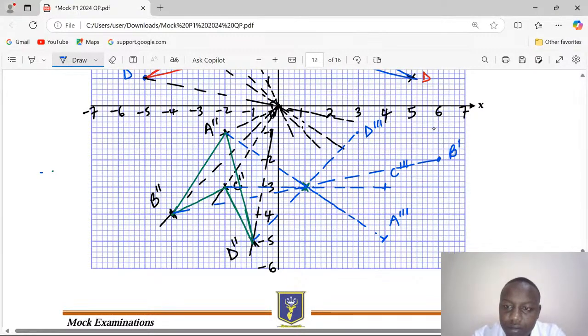Yeah, that is where the image of B shall be found.